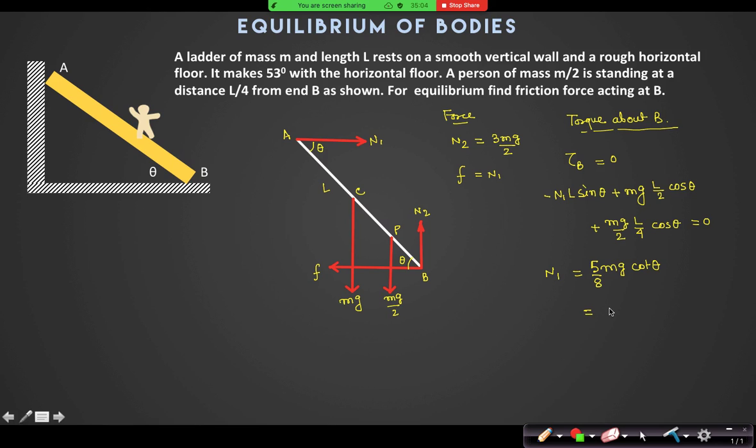So cot theta is equal to 3 by 4 or not? Cot 53 degrees is how much? 3 by 4. So 5 into 3 is 15 divided by 32 mg. That should be the normal reaction as well as the friction force. That is the answer of this question.